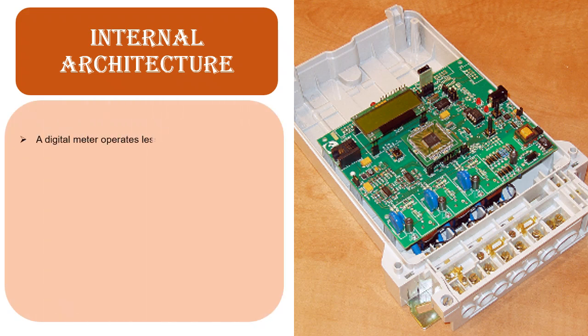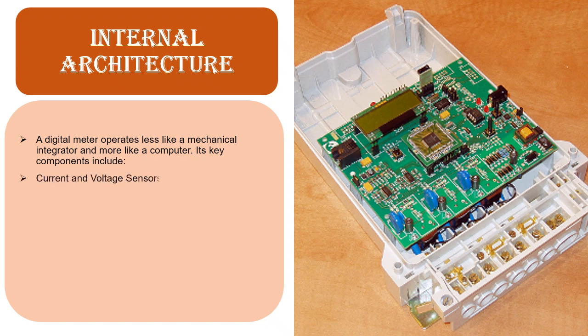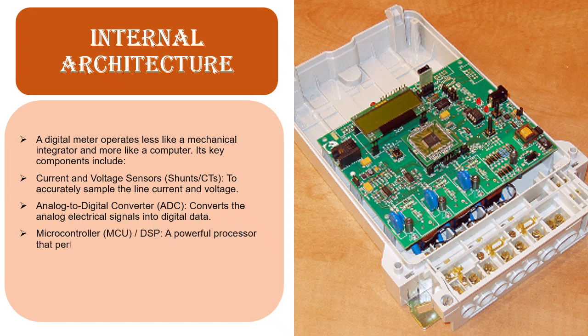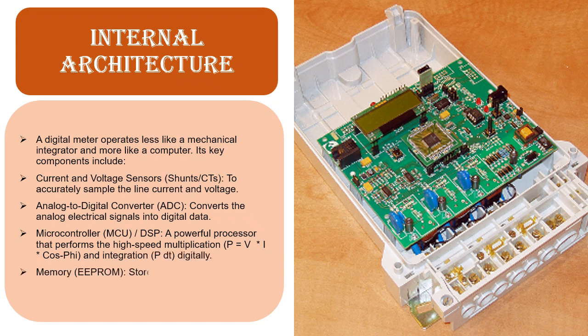Internal architecture. A digital meter operates less like a mechanical integrator and more like a computer. Its key components include current and voltage sensors, shunts and CTs, to accurately sample the line current and voltage. Analog to digital converter, ADC, converts the analog electrical signals into digital data.